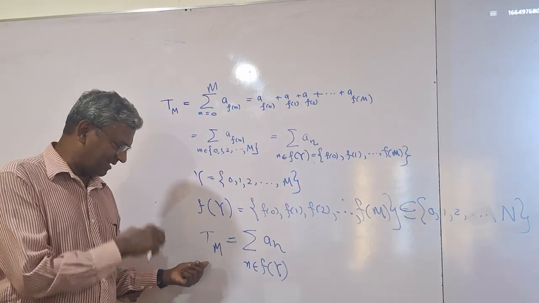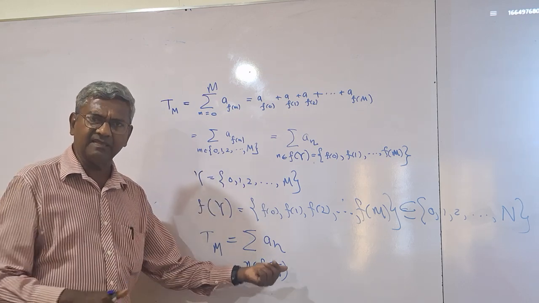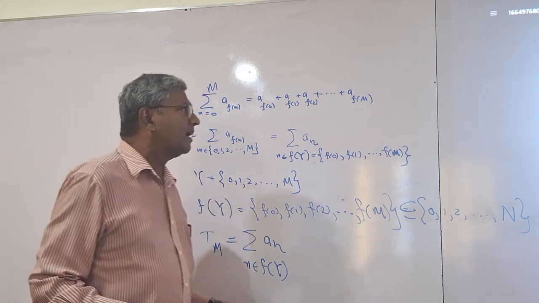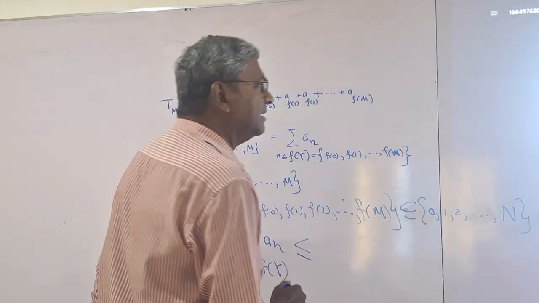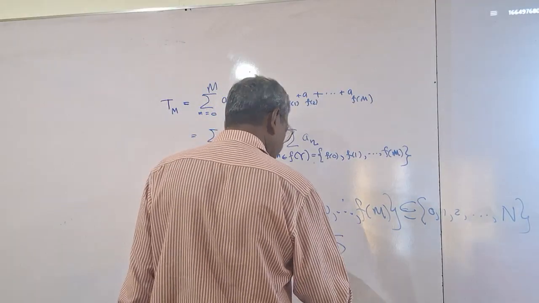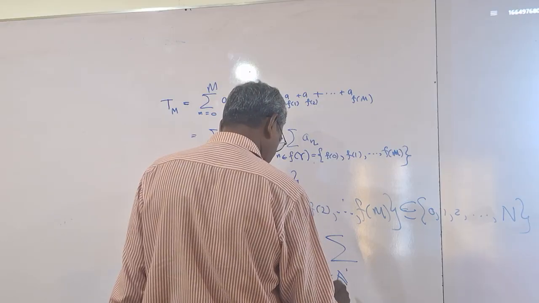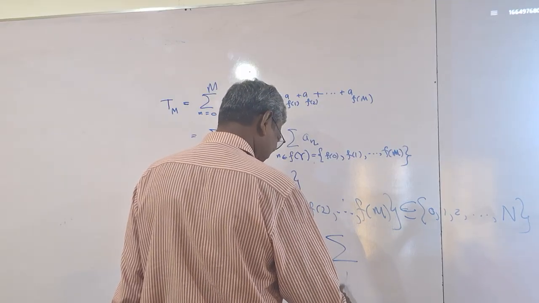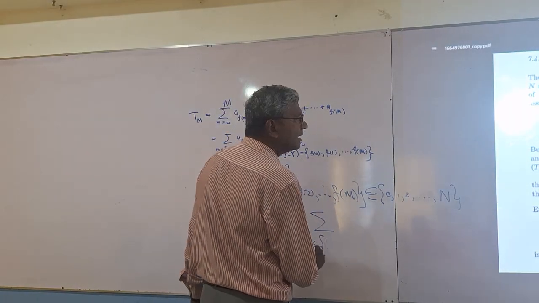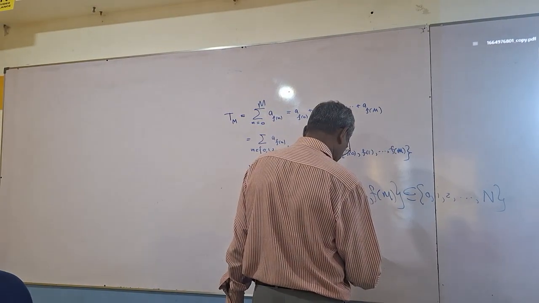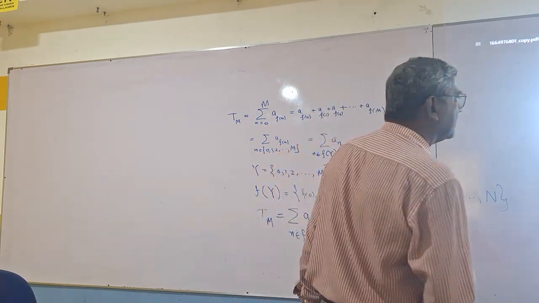Tm is AF0, AF1, plus, right? Like that. However, this is less than or equal to, he says, sigma over n belongs to the set of all n such that n is less than or equal to N.